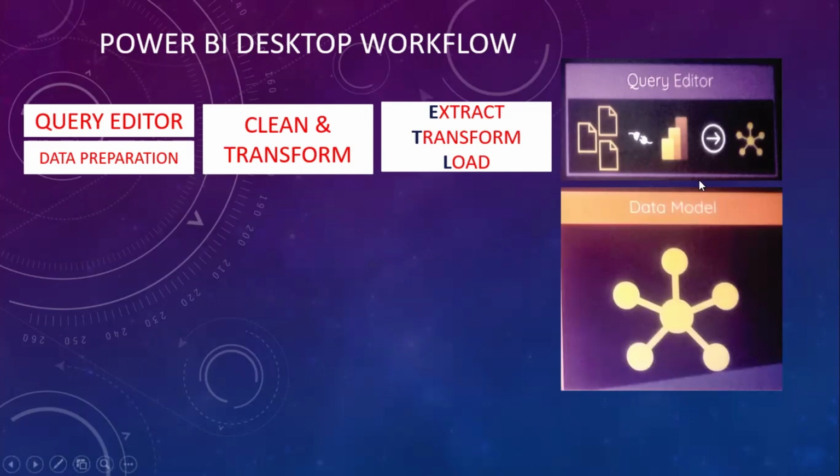Some of the activities you can perform in the data model are, one, you can go to the data view. The data view is an environment where you look at the data that you've loaded to your data model, and you can go to the model view to see how the individual tables that you're using in your analysis relate with each other. These are the things we're going to do when we begin.